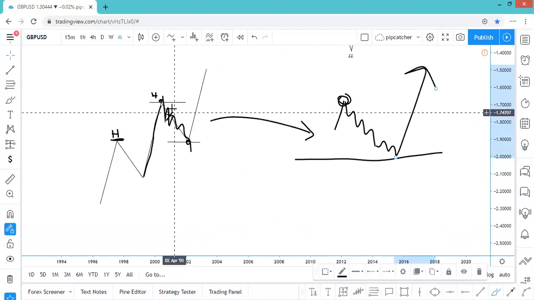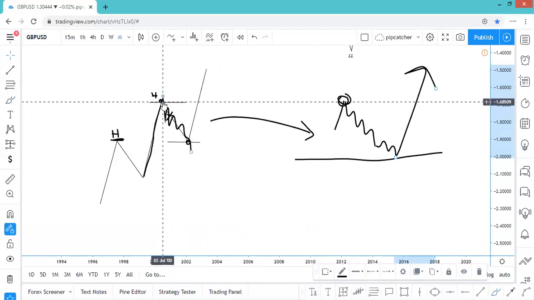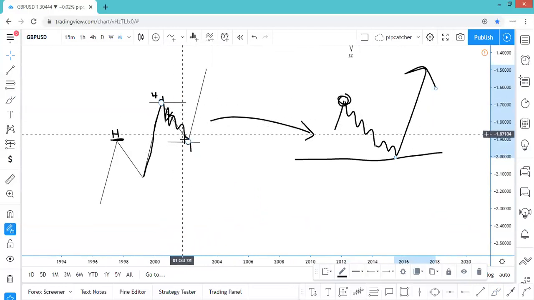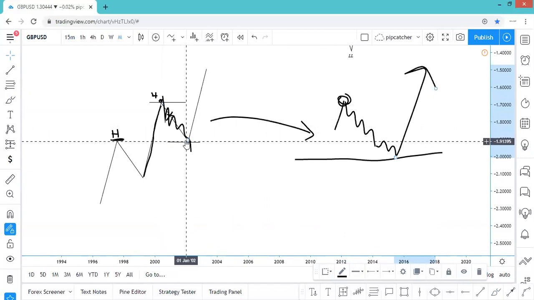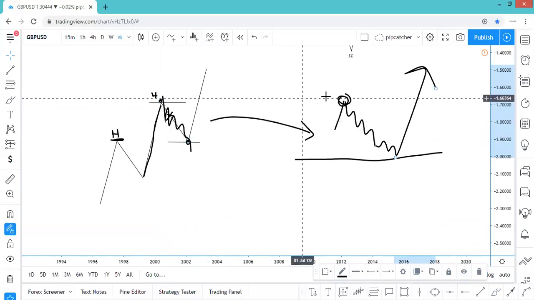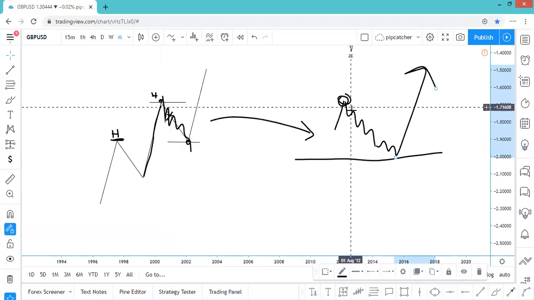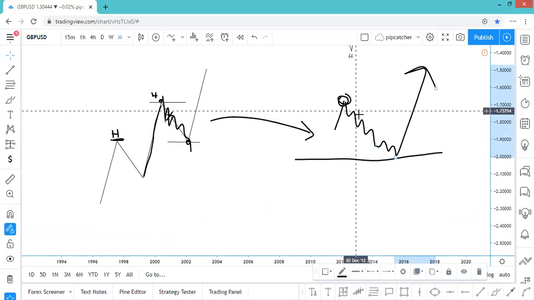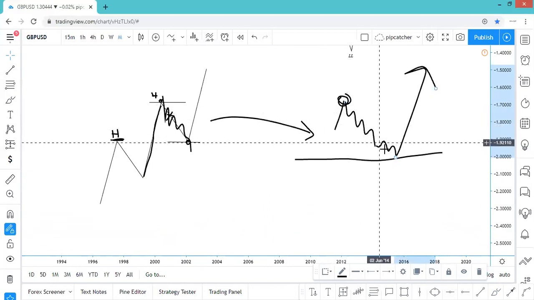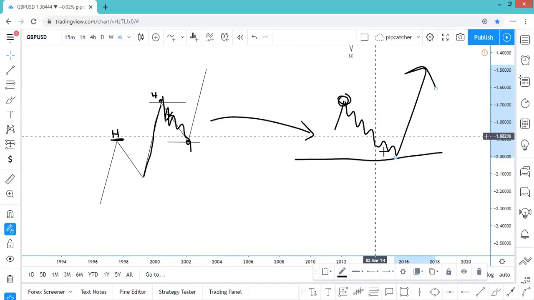So don't get caught trying to counter trade when the market is... don't get caught trying to sell on a higher time frame retracement, right?